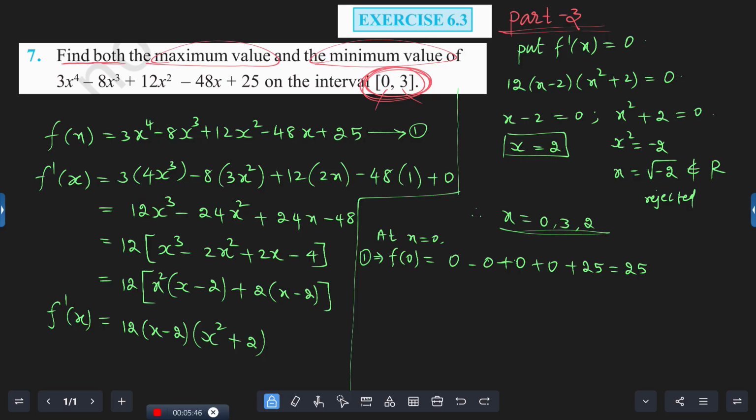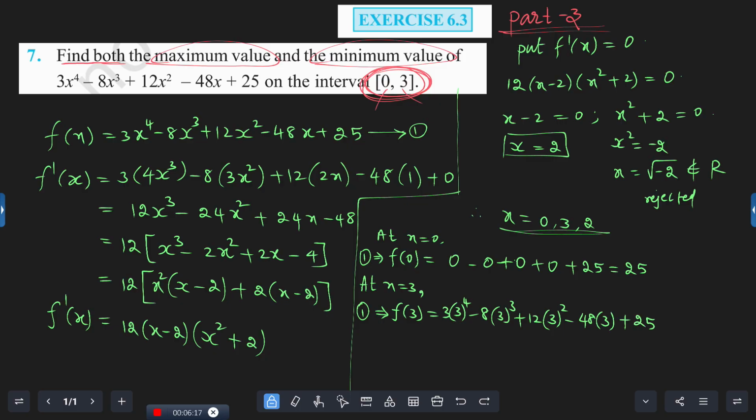That's it. Now when I am giving x equal to 3, what am I getting? f of 3 is equal to 3 into x power 4, that means 3 power 4, minus 8 into 3 cube plus 12 into 3 square minus 48 into 3 plus 25.